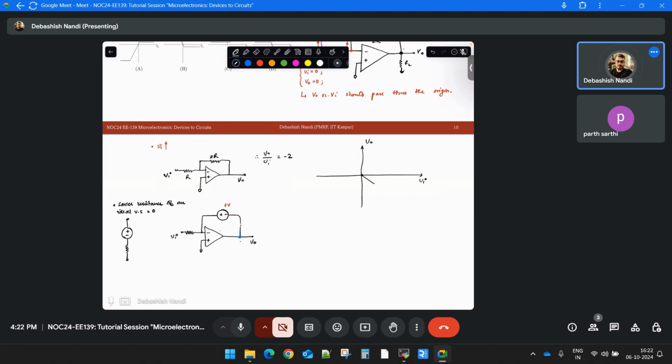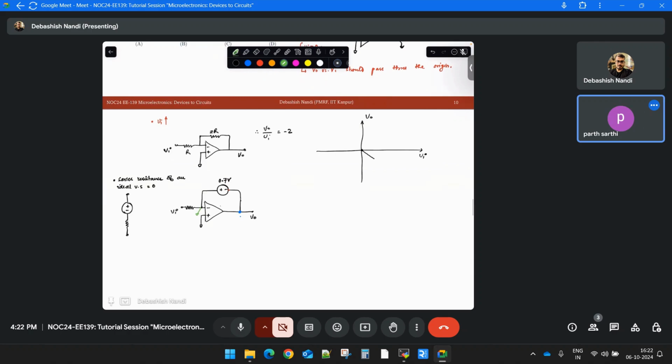This is connected to 0.7 volt, and this is grounded. So what is V out? What is V out?